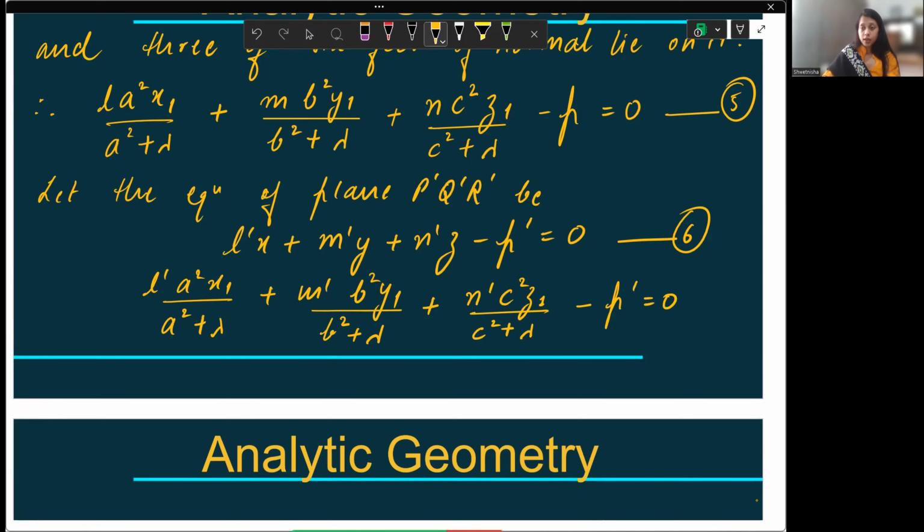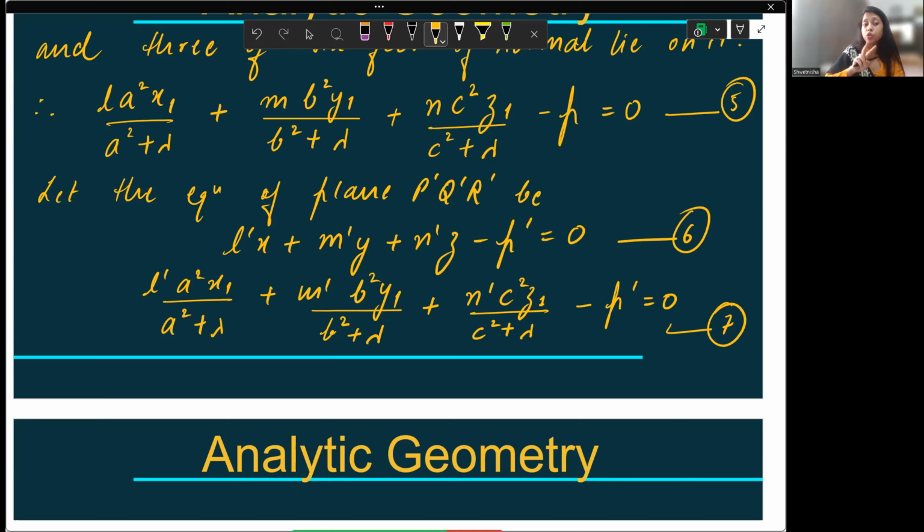Okay. Now, look at this carefully. All I'm saying is that the 5th equation is true for some values of lambda, and 7 is true for some values of lambda. Equation number 5 and equation number 7: 5 is a cubic equation in terms of lambda, and 7 is also a cubic equation in terms of lambda.